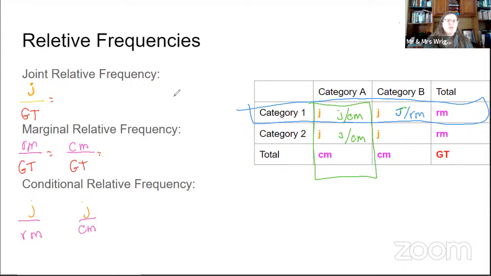Okay, now these two make up our relative frequency table, when we make a relative frequency table. The conditional relative frequency is conditional. It's based on what you're being asked for, okay? And it's the joint frequency data divided by the relative marginal frequency.